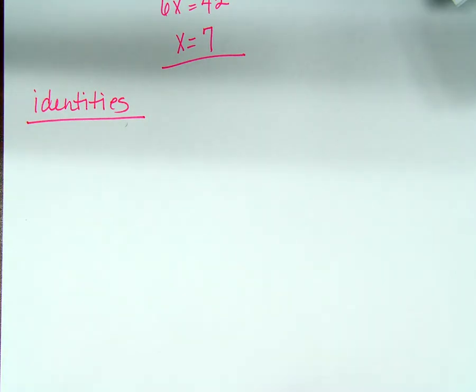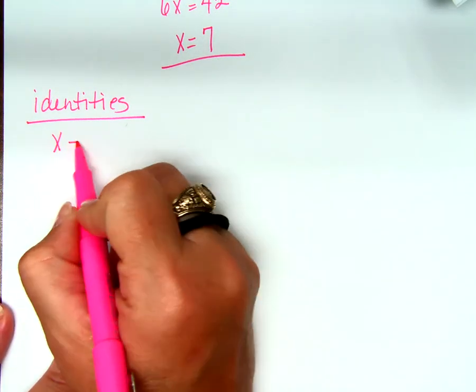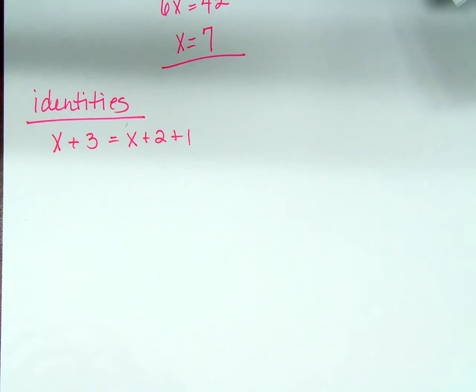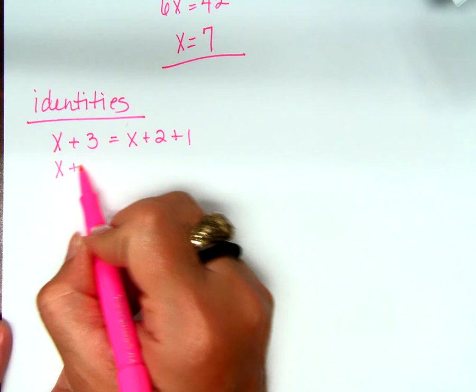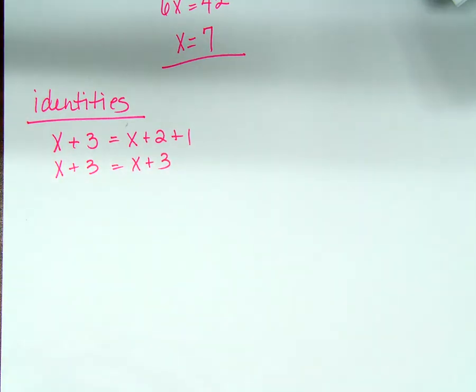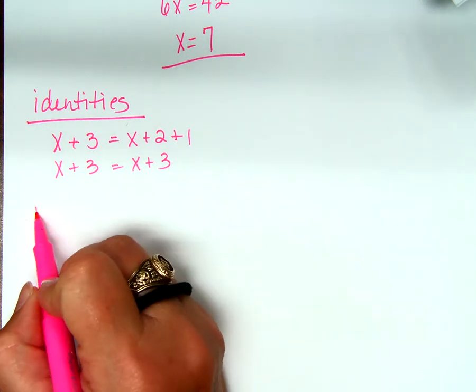Identities are something like this: x plus 3 equals x plus 2 plus 1. What's the right-hand side the same as? X plus 3. Does x plus 3 equal x plus 3? That would be exactly right. X plus 3 equals x plus 3. That's an identity.